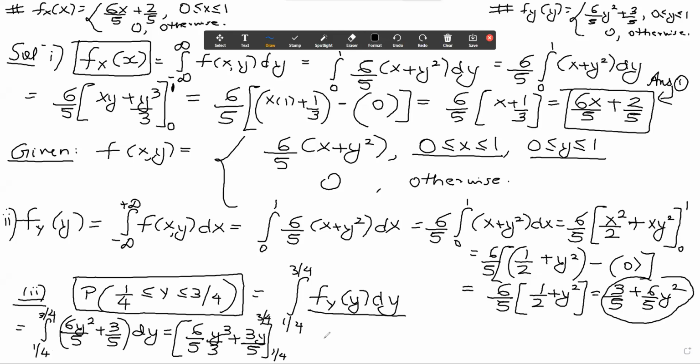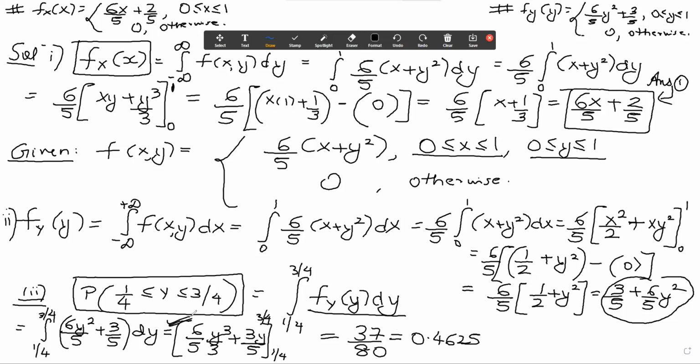Now this is something you can try at home, and you can check that the answer will come out to be 37/80, which is 0.4625. Put 3/4 in this expression and subtract, then put 1/4 in this expression.